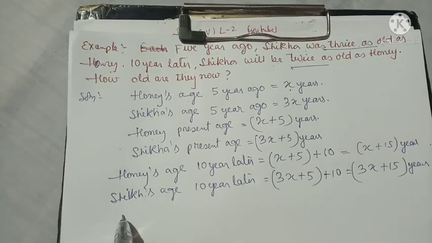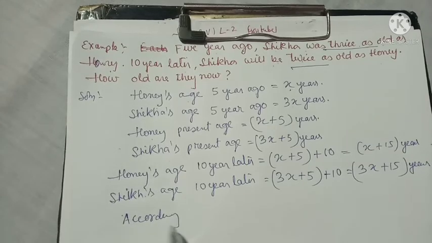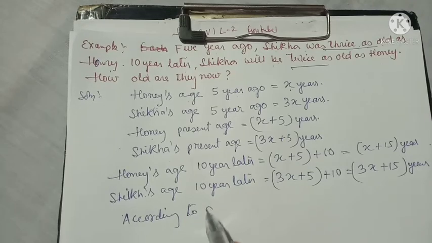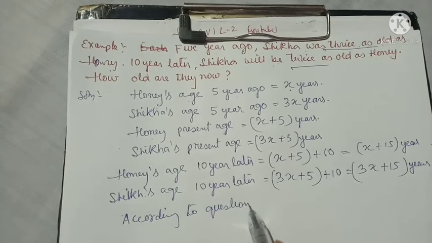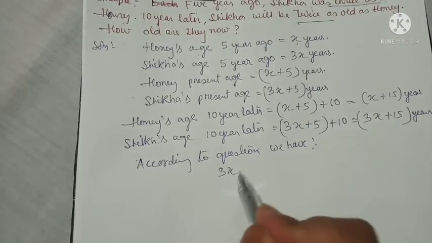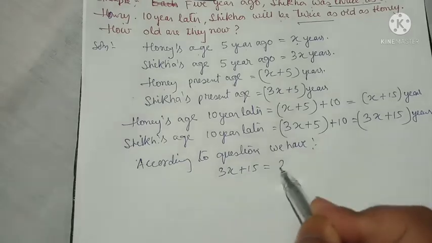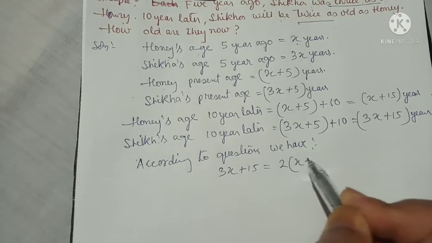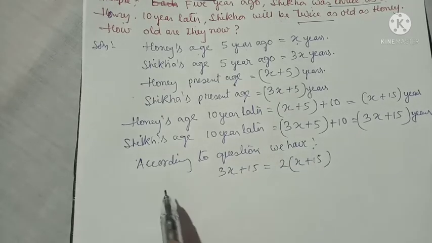Now according to the question, we have 3x plus 15 is equal to twice of x plus 15. Here we have to calculate.